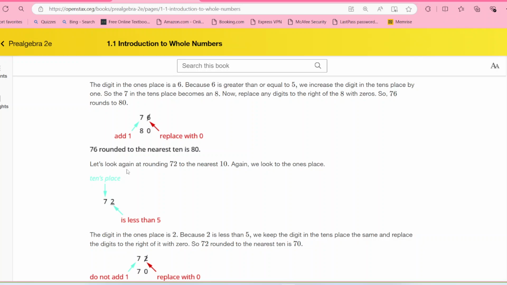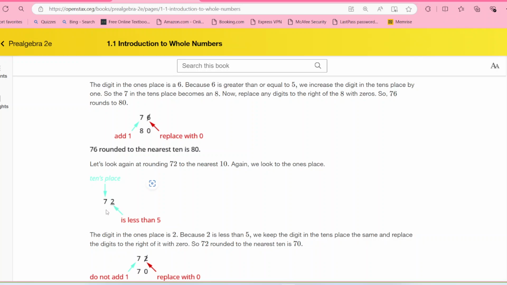Let's look again at rounding 72 to the nearest 10. Again, we look at the ones place, the place that's directly to the right of the tens place. The tens place has 7, and the one to the right of it, the ones place, is 2, which is less than 5.